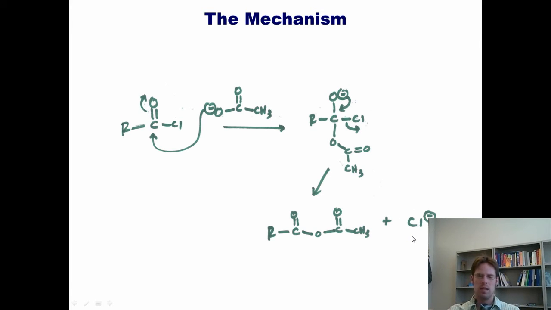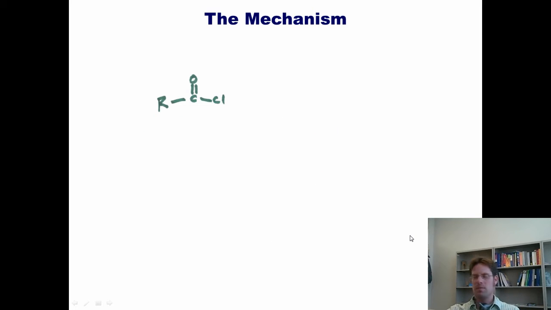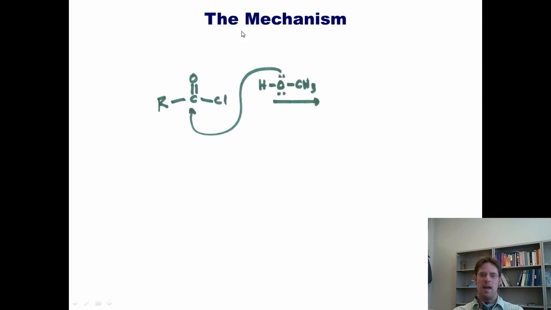What is the mechanism of displacing the chloride with an alcoholic group? Well, here's what I do. I have my alcohol, in this case methanol, reacting with my acid chloride. The electrons come in, they hit that carbonyl carbon, thrusting the electrons onto that oxygen and giving me a tetrahedral intermediate. I hope you're noticing how repetitive these mechanisms really are.